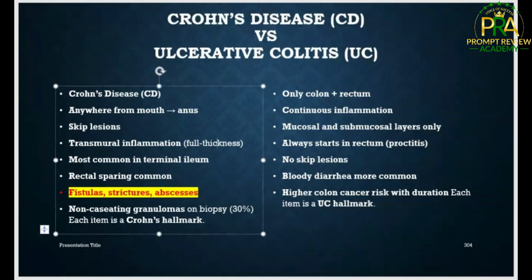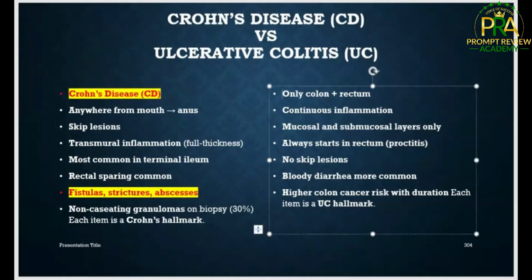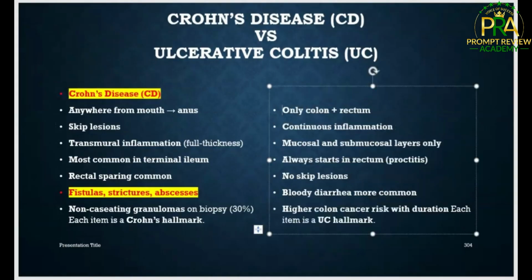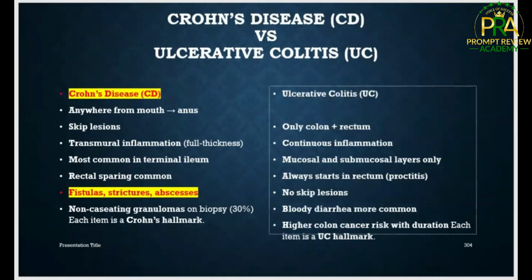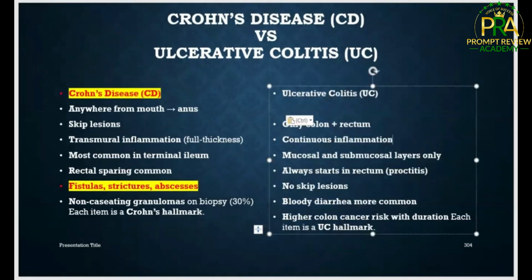Then Crohn's disease and ulcerative colitis, please don't forget. The inflammation in ulcerative colitis, we said, is continuous, with no skip lesions, and more bloody diarrhea. Patients also have a higher risk of colon cancer in ulcerative colitis.